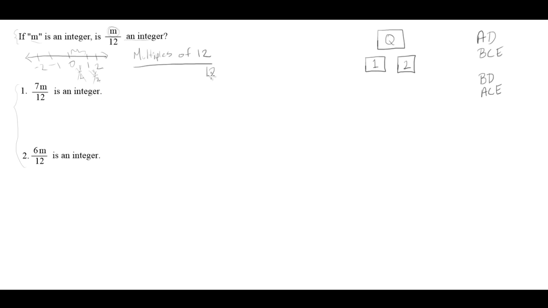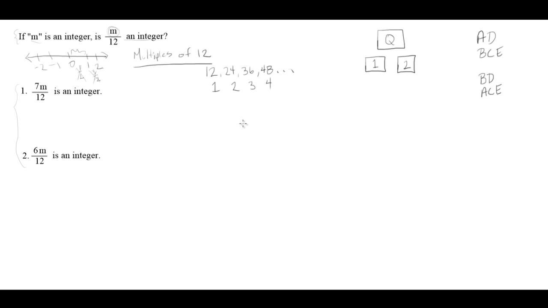So if we have 12, 24, 36, 48, so on and so forth, there are an infinite number of multiples of 12. If I divide each of these by 12, I get 1, 2, 3, and 4.